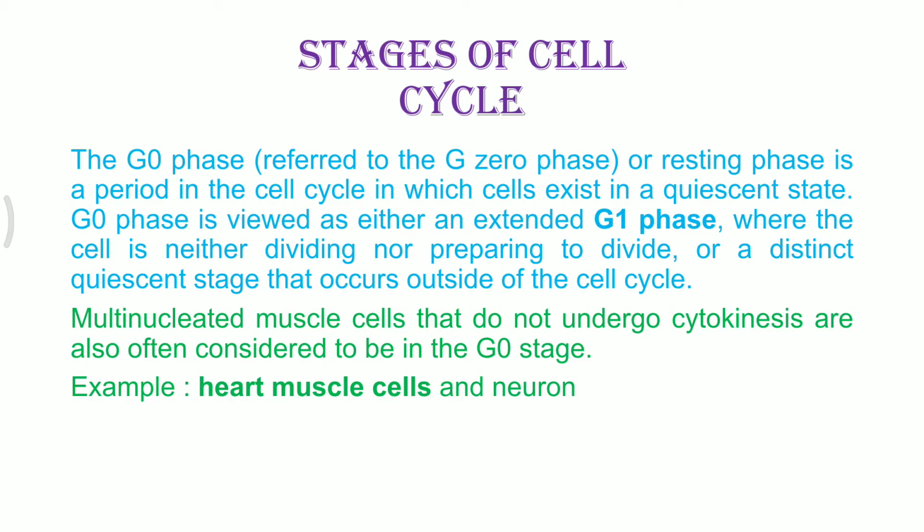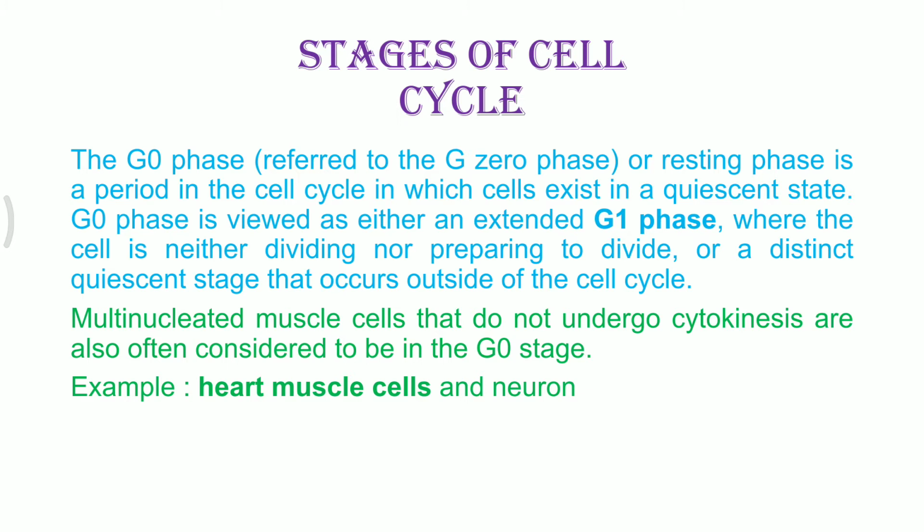Next is the different stages of the cell cycle. The G0 phase, or the resting phase, is a period in the cell cycle in which cells exist in a quiescent stage. G0 phase is viewed as either an extended G1 phase or where the cells are not at all dividing. So the cell is basically in a resting phase in the G0 phase.